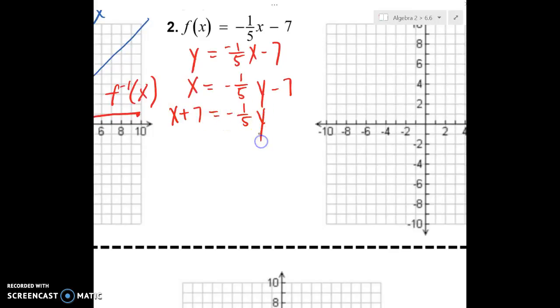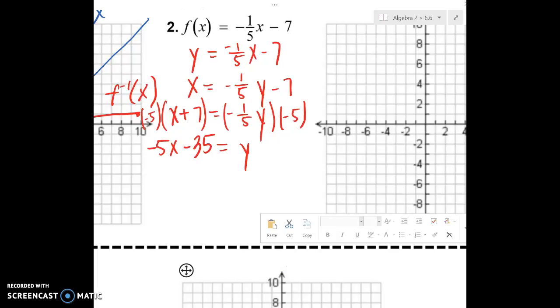Then we can either divide by negative 1/5 or multiply by negative 5. I'm going to multiply by negative 5. Okay, so on this side, the negative 1/5 and the 5 are going to cancel out. And on this side, we're going to distribute this negative 5. So we have negative 5x minus negative 5 times 7, which is negative 35.